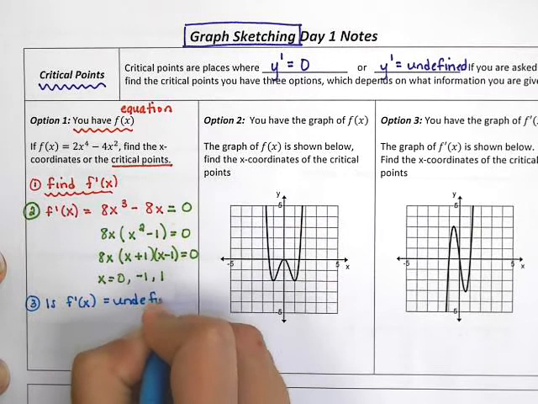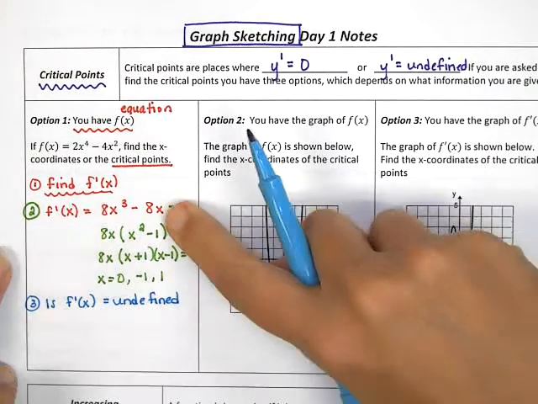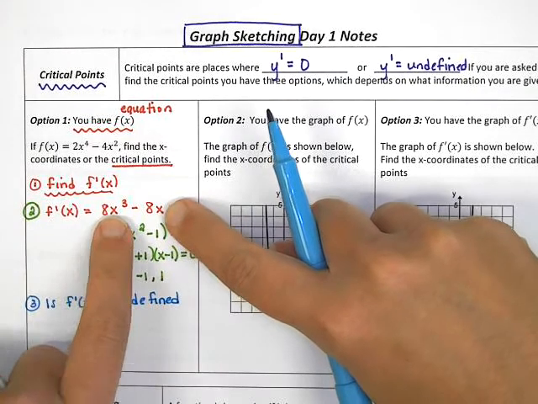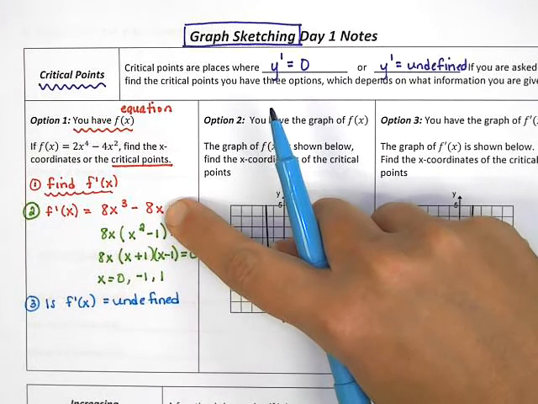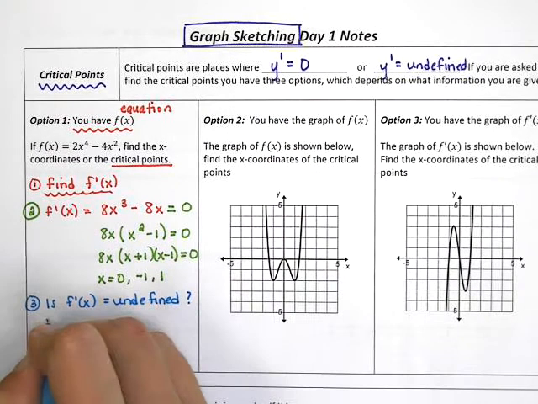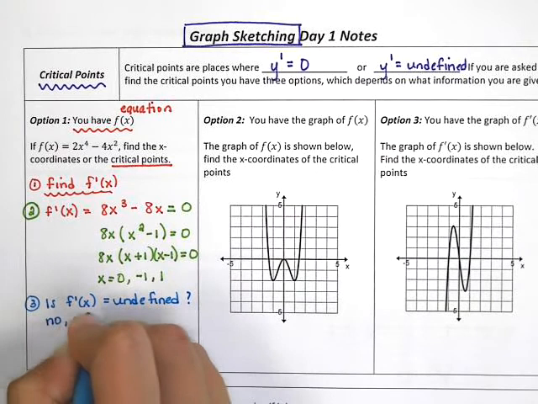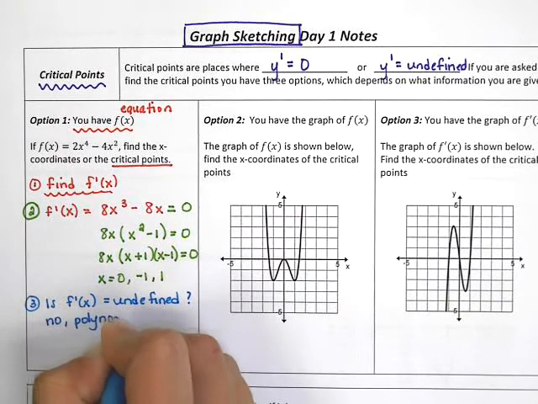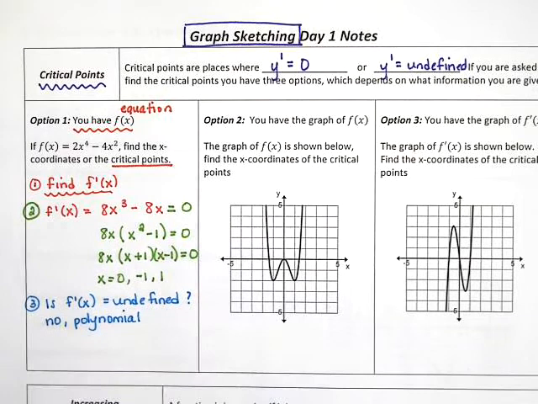So if we go back to our equation for f prime of x, which is 8x cubed minus 8x, it's not going to be undefined anywhere, because this is a polynomial. If, however, when we took our derivative we had a fraction somewhere or a square root somewhere, then we might have values where we would be undefined. So that's when we would have additional answers.